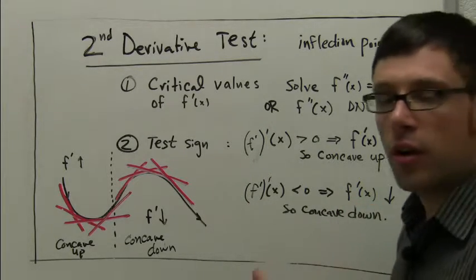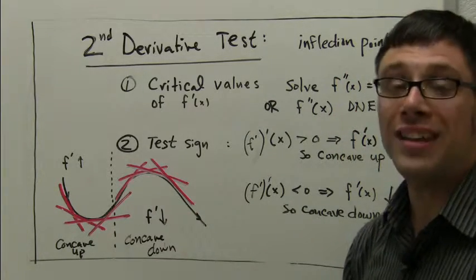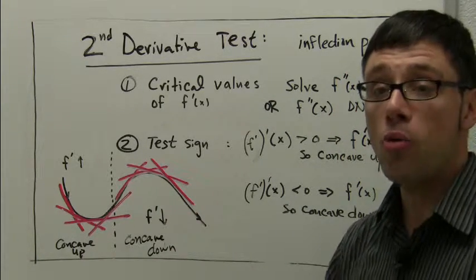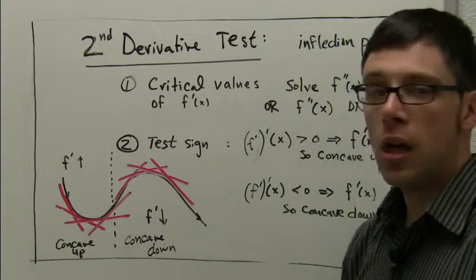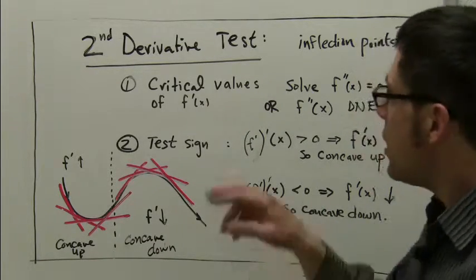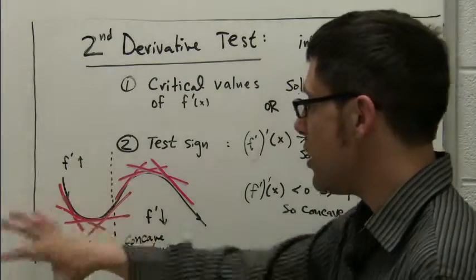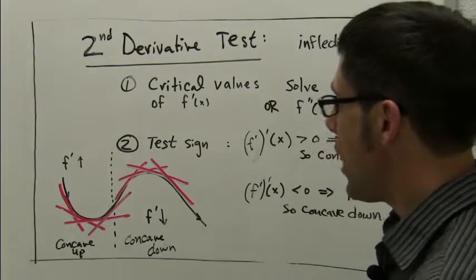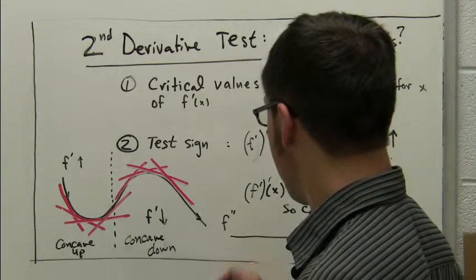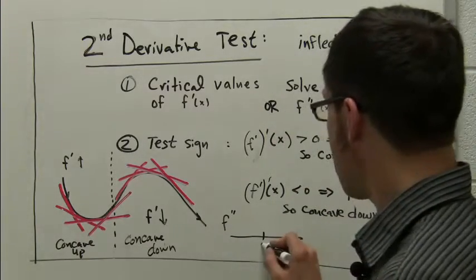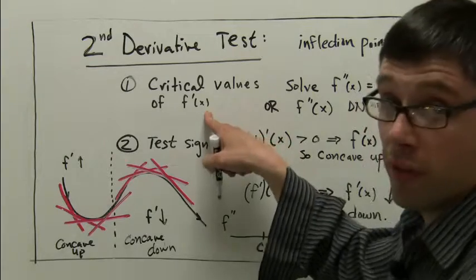Similar. And this is, at least pictorially, what the second derivative test is telling you, the sign of the second derivative, and it tells you the concavity of the function. And again, if the concavity is changing sign, that is, if we look at the second derivative of the function, we find some kind of critical value of the first derivative.